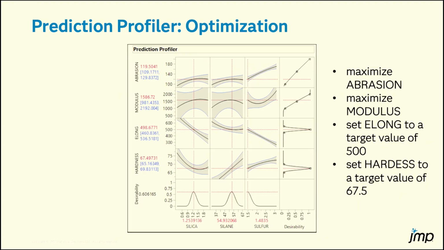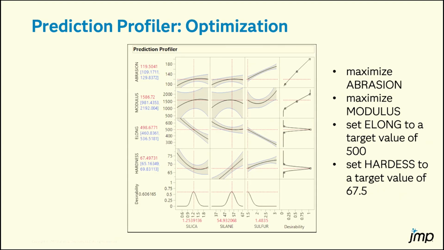How does it balance the 4 responses? That's something where you get to tell it how important those responses are. If you say that the importance is equal for all of them, then it will equally mathematically weight those 4 desirability functions. If you say that actually the hardness is really important and the others are less important, you have to decide how much is really important.